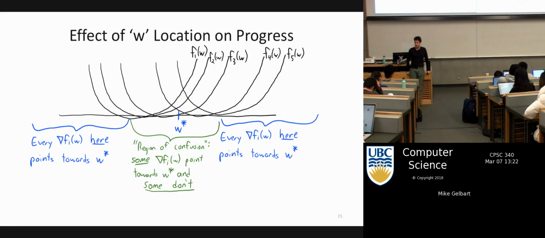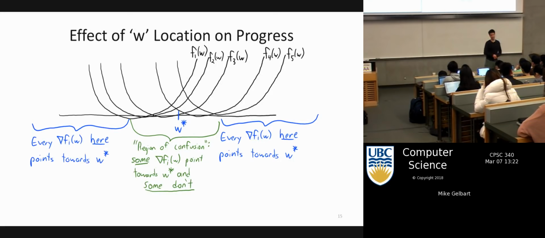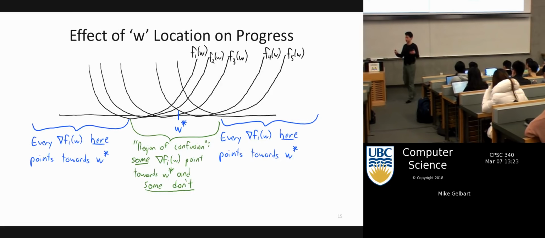Any thoughts on this? Arman? Okay. So do we switch back and forth between stochastic and non-stochastic as we approach? Yeah, this is a question I often get. Should we just switch into regular gradient descent at some point? It's a reasonable thought.